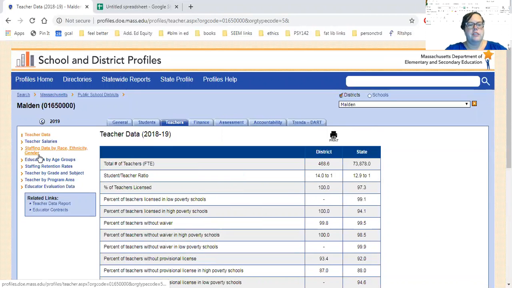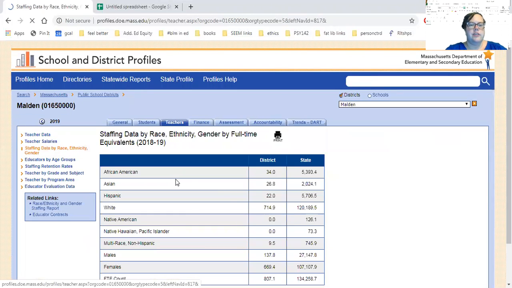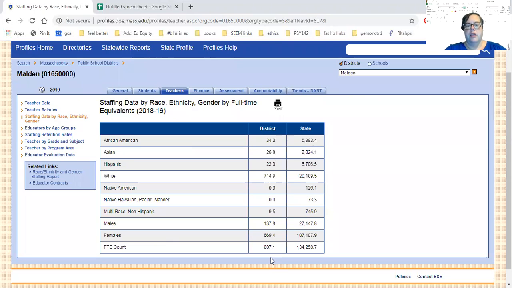So then you can pull down this staffing data by race, ethnicity, gender, and think about how this matches up with our general information. So we know that just under 20% of students in Malden are Black, and here we have about 4% of educators are Black, of staff, not necessarily just educators.